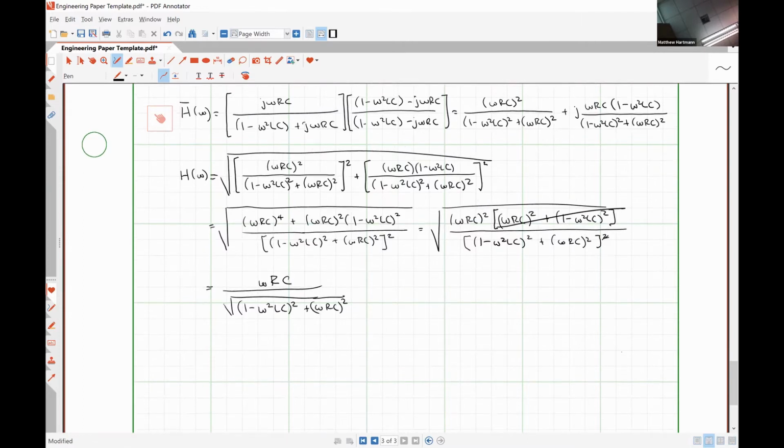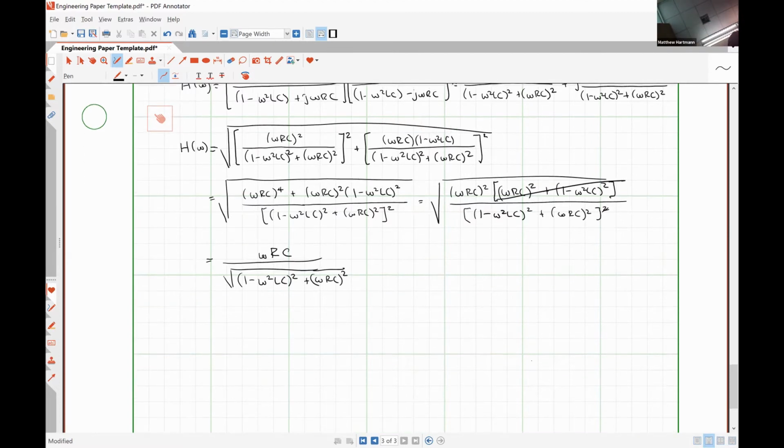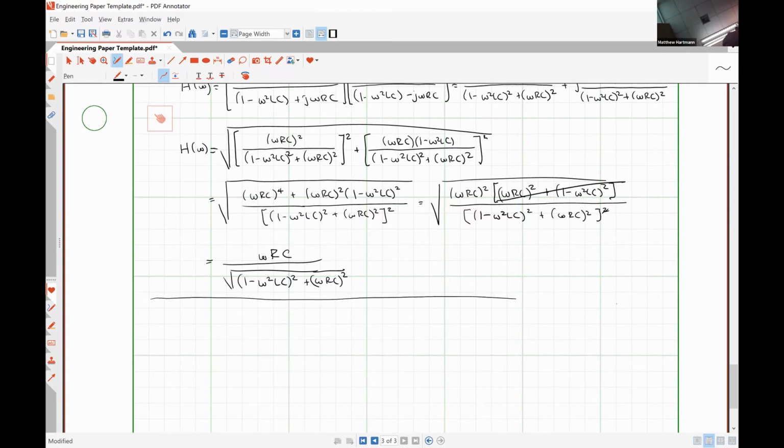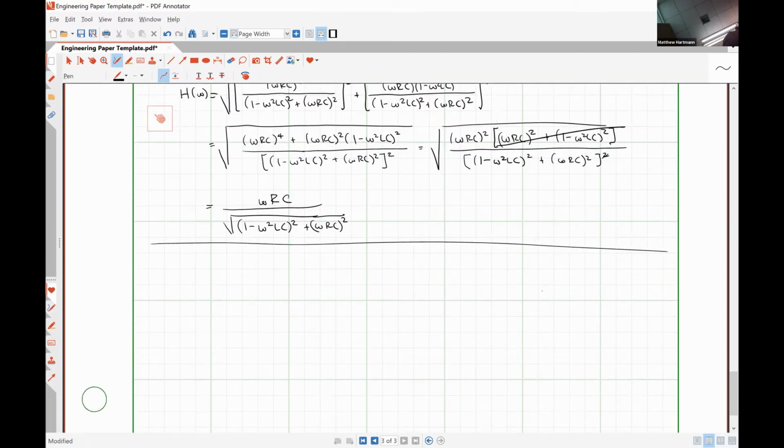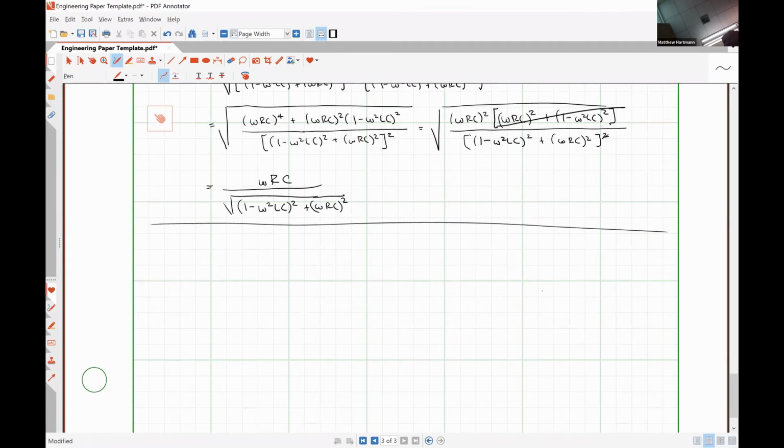So our corner frequencies, as before, will occur when the magnitude of our transfer function is equal to 1 divided by the square root of 2. So what I'm going to do here, real quick, is take my magnitude function and divide it by omega RC over omega RC.